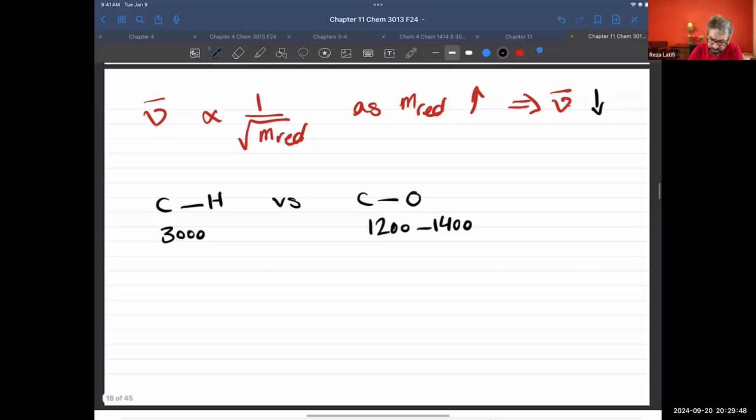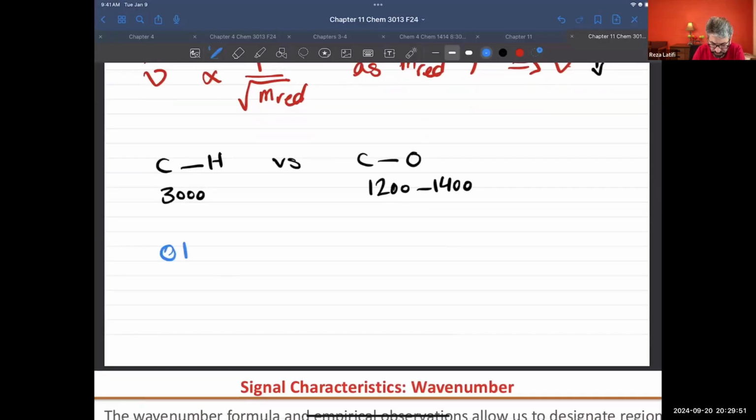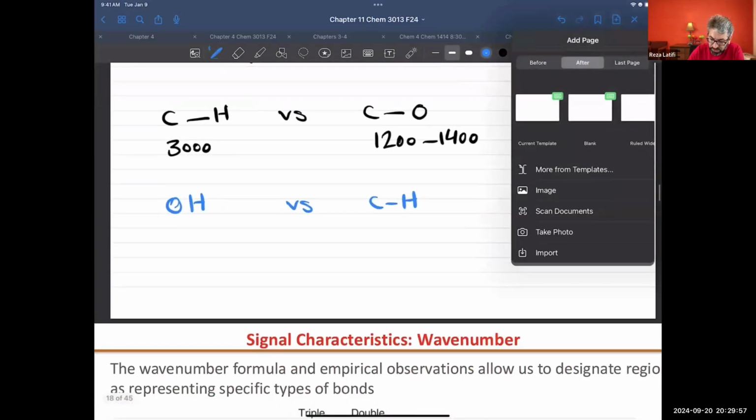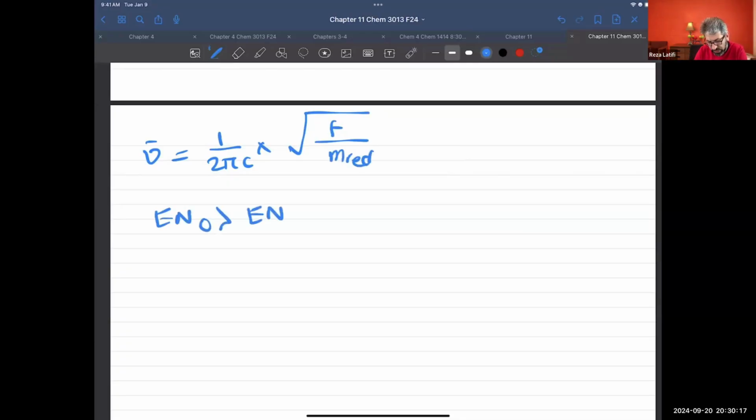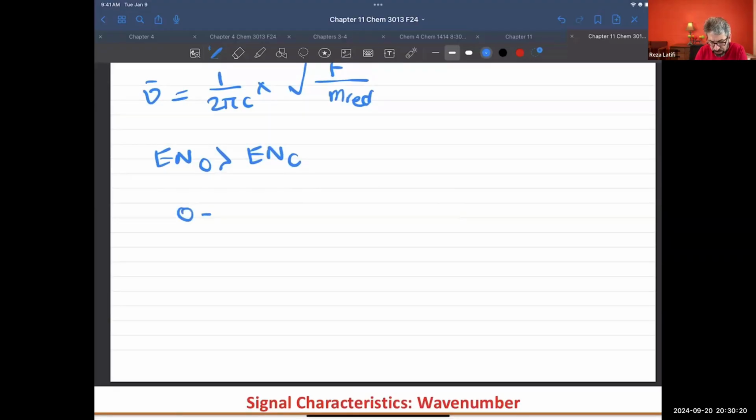Okay, somebody might ask this: say we have OH versus CH. And you said wave number is equal to 1 over 2πc multiplied by the square root of force divided by reduced mass. And you might say electronegativity of oxygen is higher than electronegativity of carbon, so I expect the OH bond to be shorter than the CH bond.